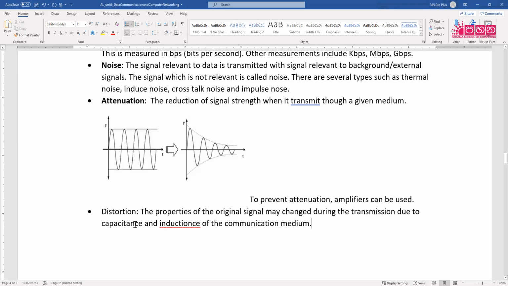There are different reasons. Capacitor, you know, and also the inductance. It should be inductance.